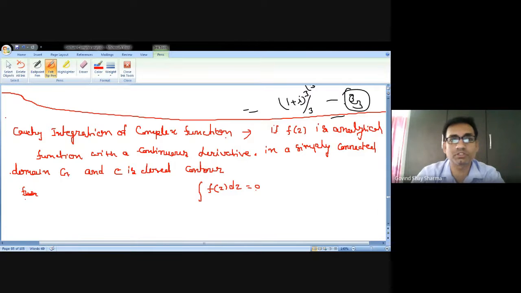This is the Cauchy statement. We will not go through the proof.